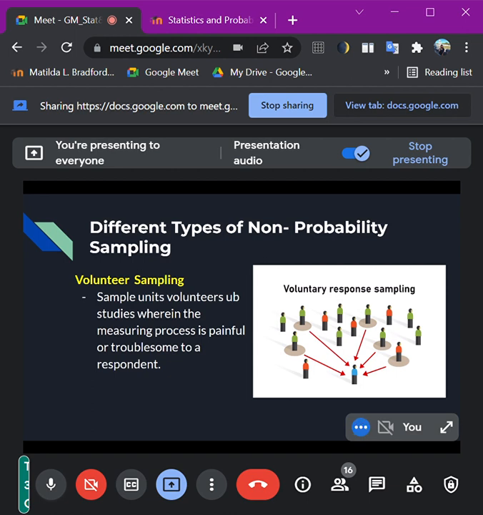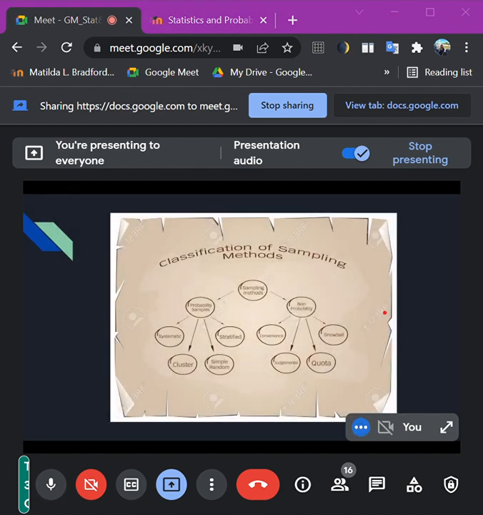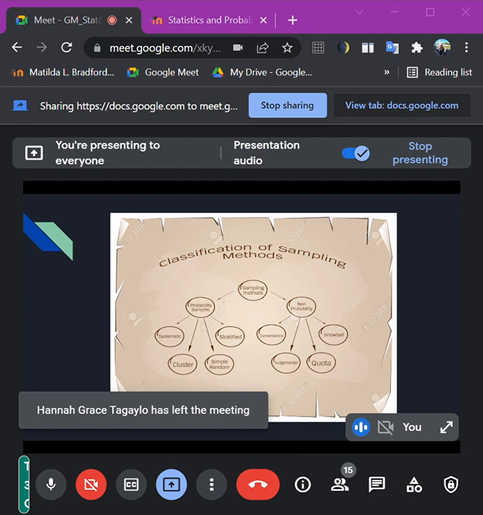Okay, so these are the classification of our sampling methods. We have the probability samples and the non-probability samples. We have systematic, cluster, stratified, and simple for probability, and convenience, snowball, judgmental, or quota for non-probability. Okay? Or the judgmental one is the volunteer.